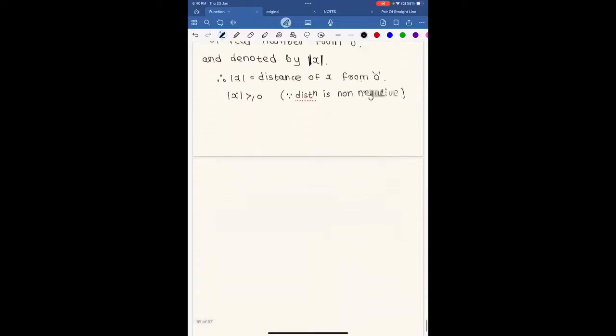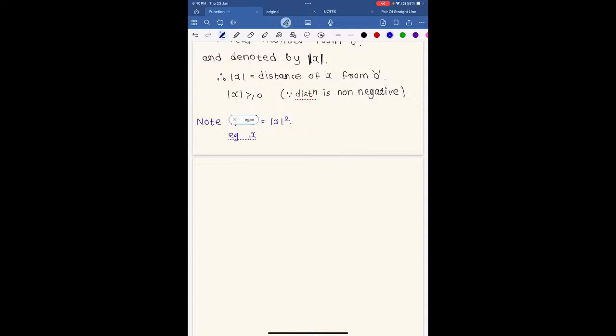Okay. Now write some notes. First one: x square and modulus of x square both are same. For example, suppose we take x equal to minus 3.